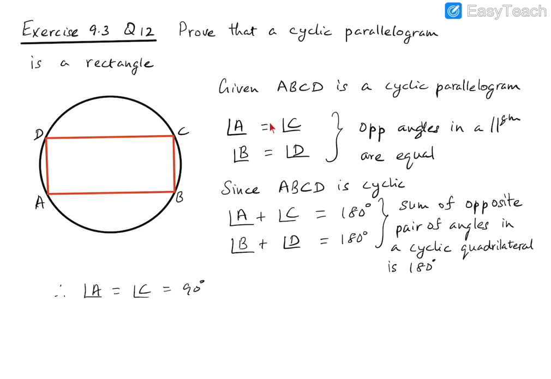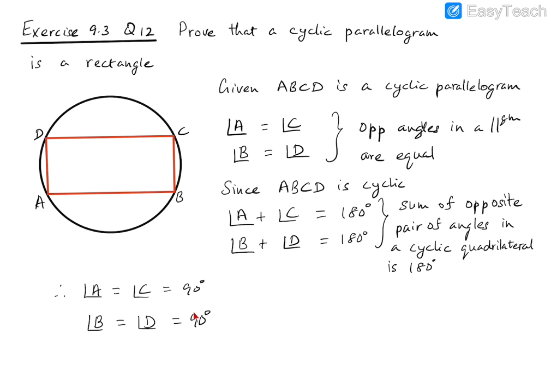Since we have angle A and C to be equal, and also we have angle A plus angle C to be 180 degrees, so therefore we have angle A to be equal to angle C, which is that both are equal to 90 degrees. So similarly, we can also say that angle B is equal to angle D, and they are both equal to 90 degrees.